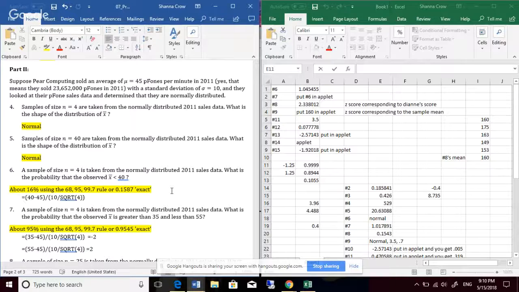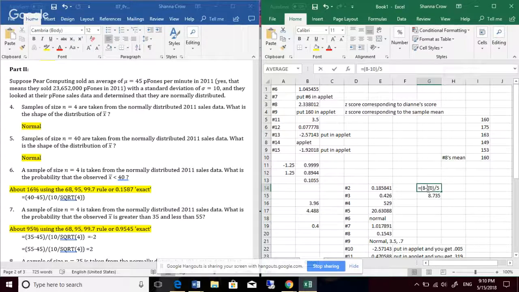Let's see if I can type it into my computer. Minus 45. The negative 1. Yep.